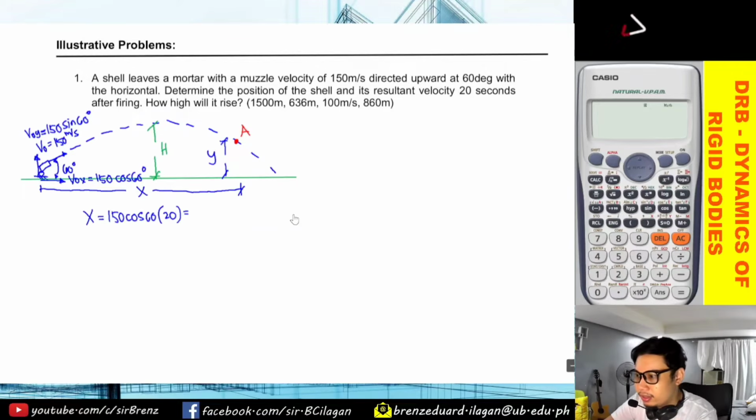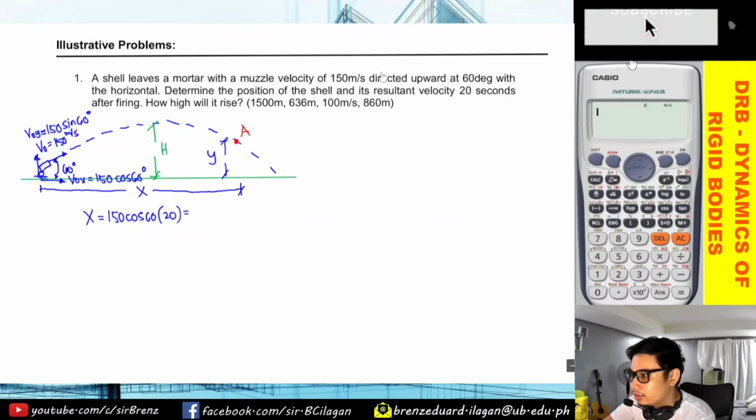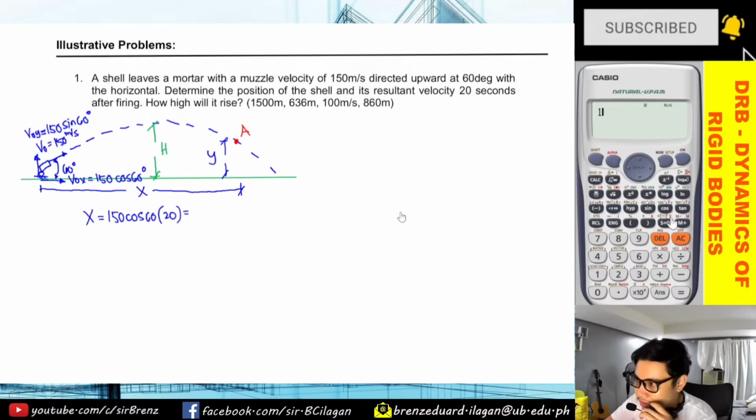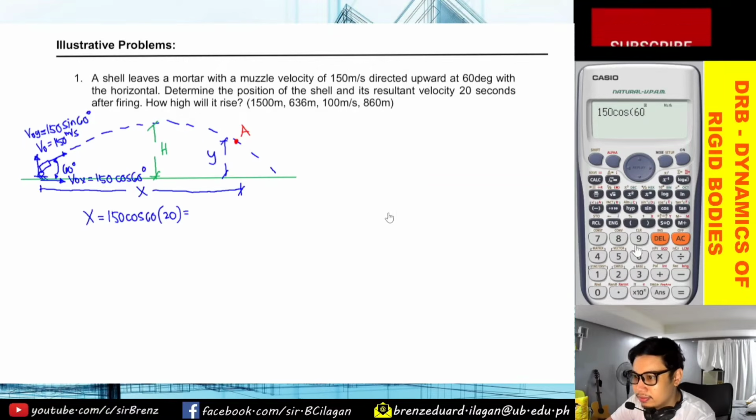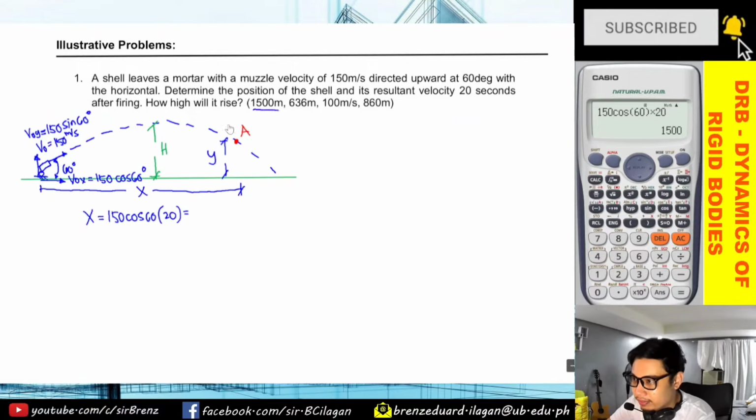So, kunin ko lang yung calculator. Wait lang. 150 cosine 60 times 20. Ayan. So, nakuha natin yung unang pinapahanap. So, that is 1,500 meter. Okay.